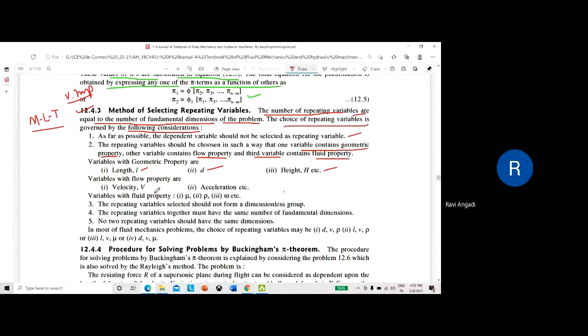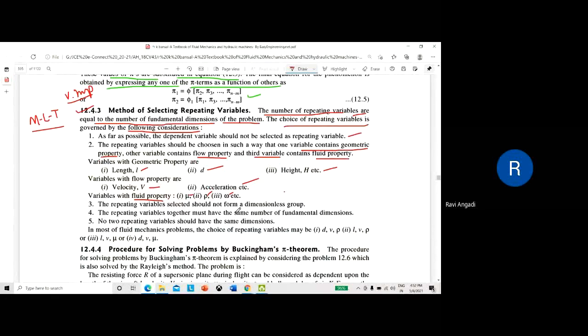Second property is the flow property. Flow property means velocity, acceleration, discharge. These all are the flow properties. Then the variables with the fluid property, meaning the dynamic properties, are those which involve force: viscosity, density, weight, specific weight.